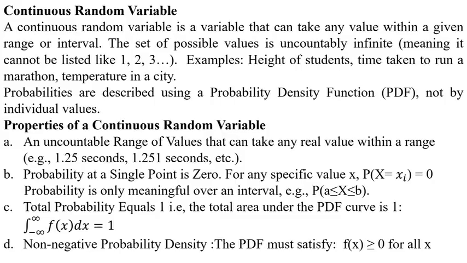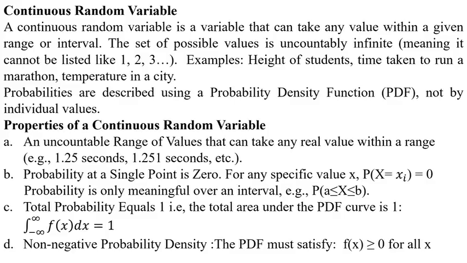In a continuous random variable, we integrate: the integral from minus infinity to infinity of f of x dx is equal to 1. Please note, under discrete, we use summation of xi f of xi.